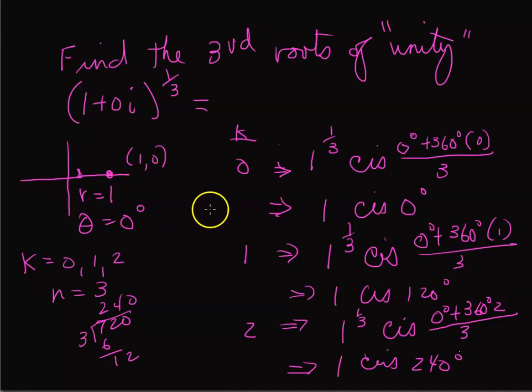These should make sense. If you think about where those are on the circle, the 0 degrees is here, the 120 degrees is here, and the 240 degrees is here. And even though mine's a little sloppy, we've really broken this circle into 3 different but equal pieces of pie.